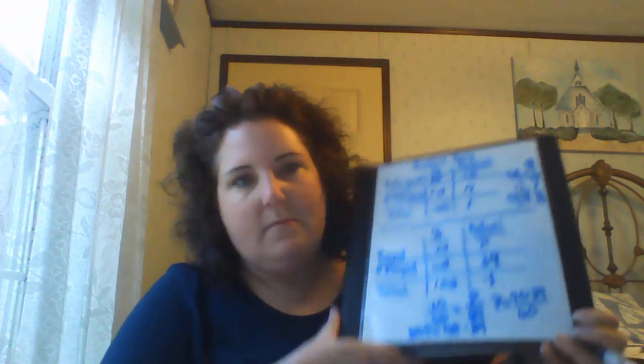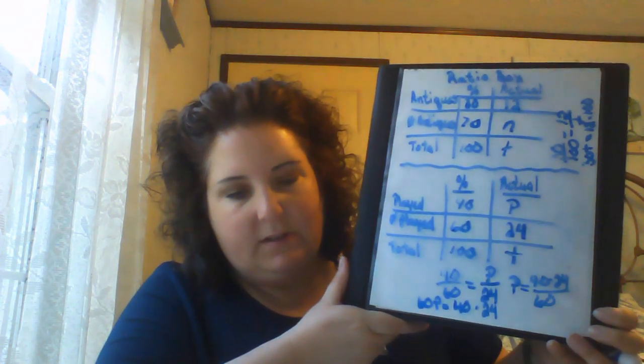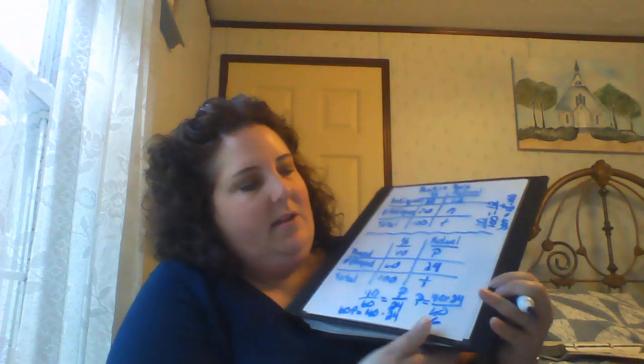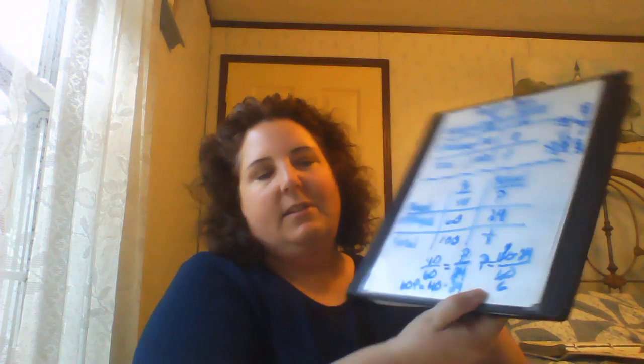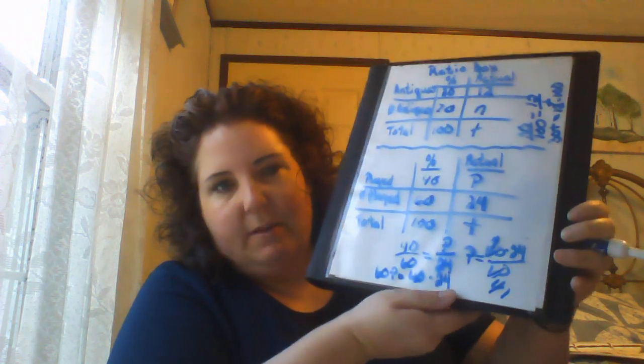So let's go ahead and reduce this. 10 goes into 60 6 times, and 10 goes into 40 4 times. Good. And then 6 goes into 6 1 time, and 6 goes into 24 4 times.